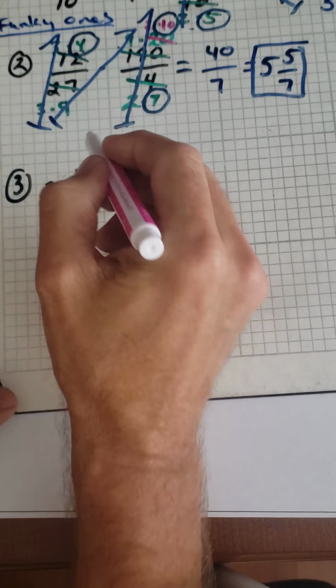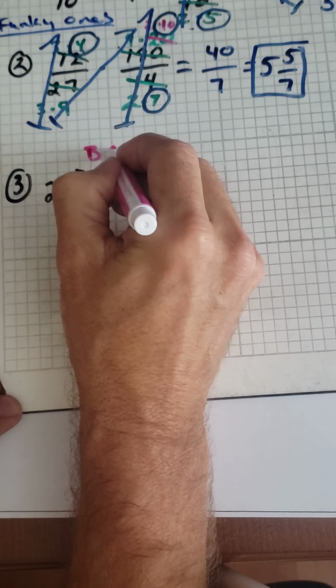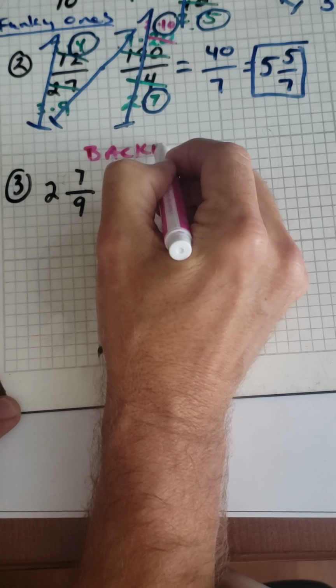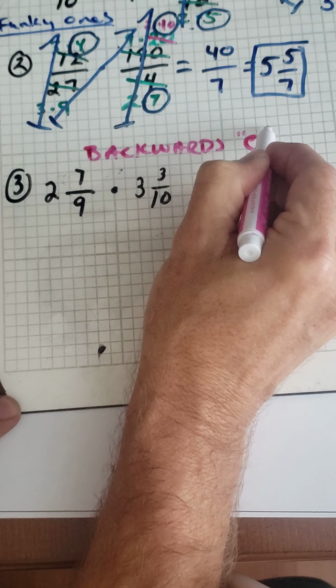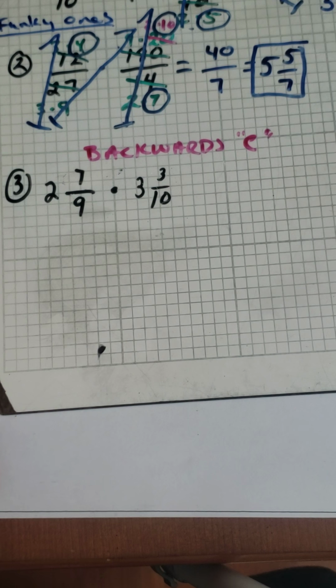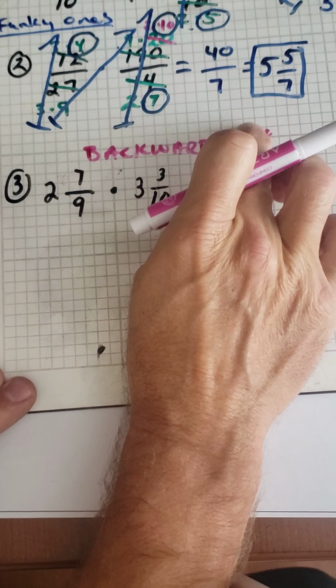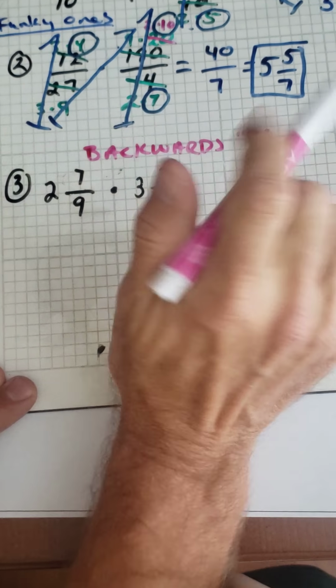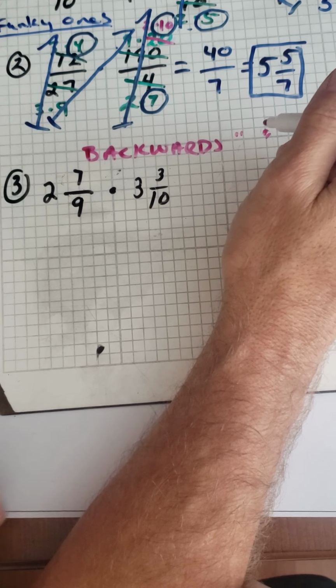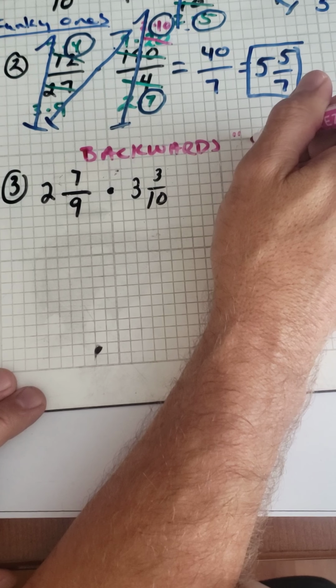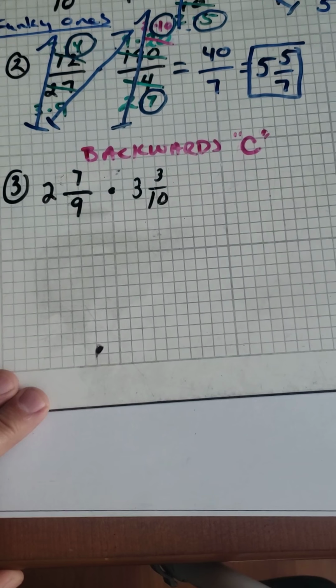I call it the backwards C. And it's kind of a misleading name because the C actually doesn't end up backwards. What's backwards about it is how we write the C. If you notice when I wrote this C right here, I just did it real quick. Most of us start a C at the top and then we go down to the bottom like that.